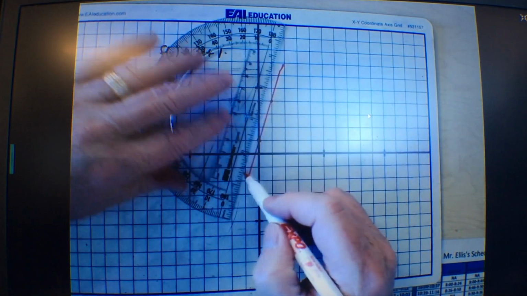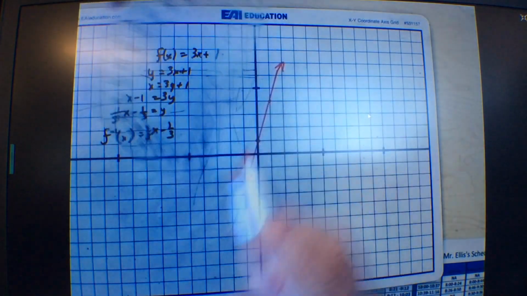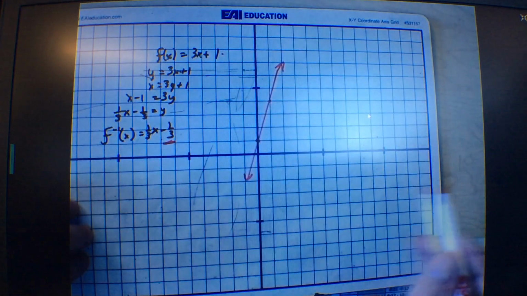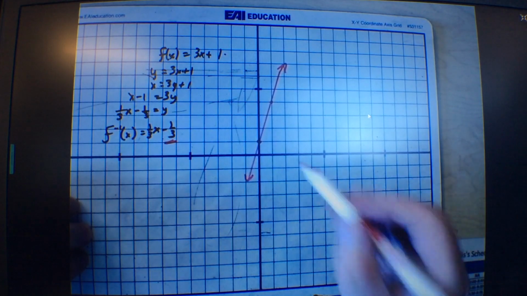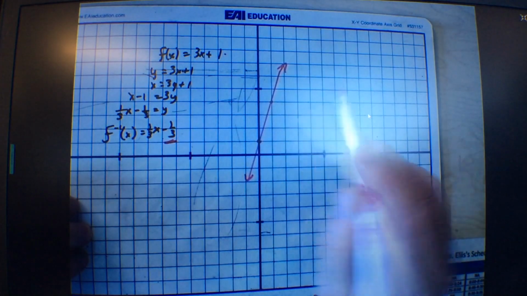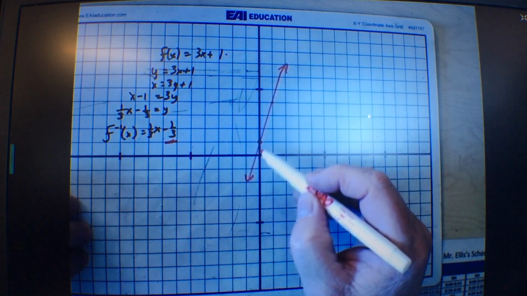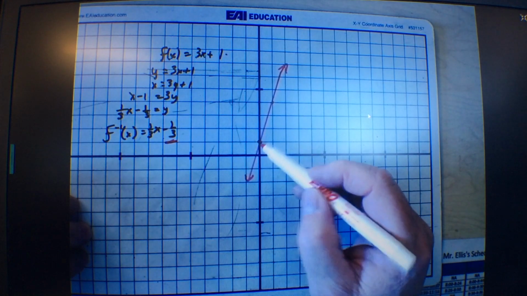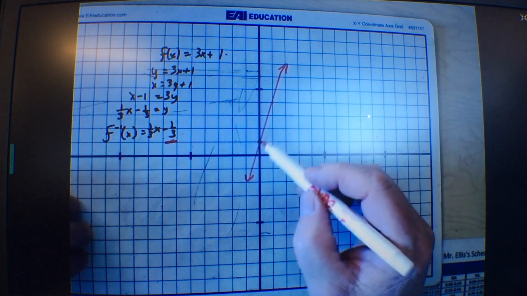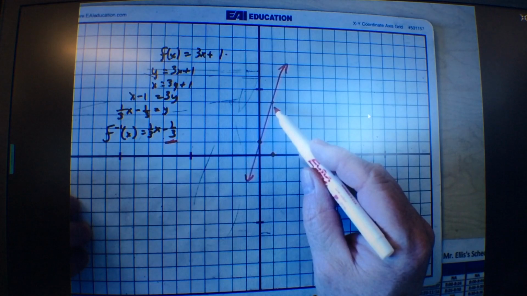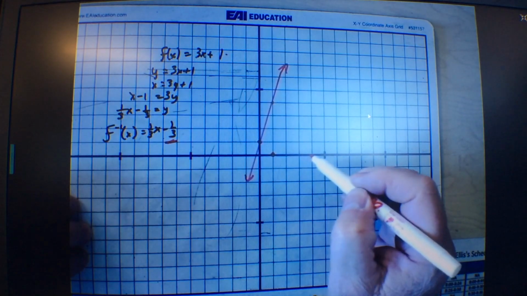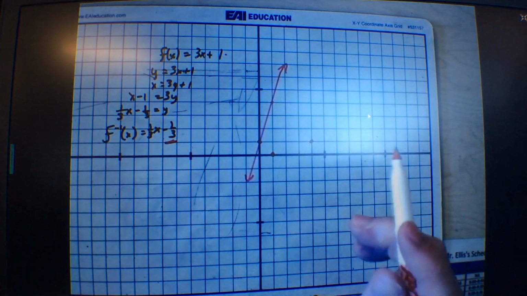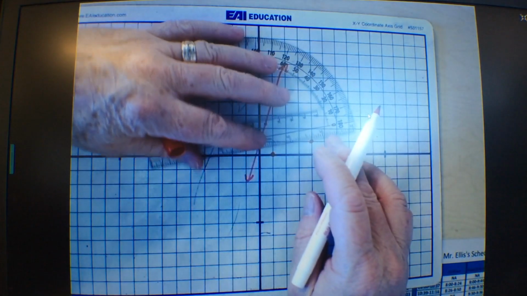Now, instead of graphing this one, because it has a fraction in it, all I have to do is take these 2 points and reverse them. So this is 0, 1, so I'm going to go 1, 0, and this is 1, 4, so I'm going to go 4, 1. And it looks like this. Did you catch that?